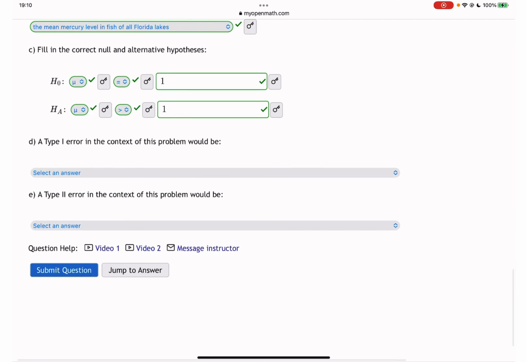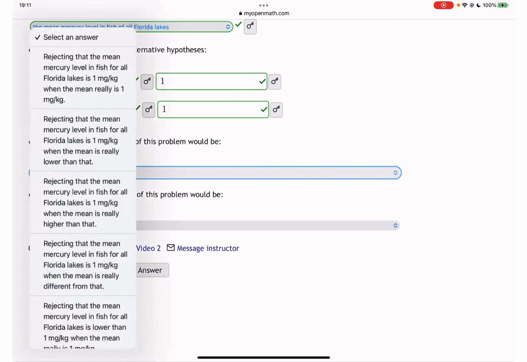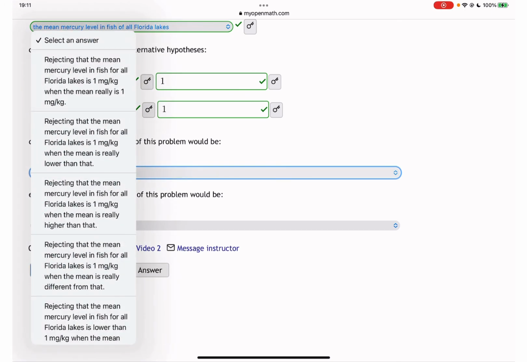Okay, now we need to identify the type 1 error. Let me remind you, a type 1 error occurs when we are served with the truth, but we reject. So our type 1 error has to start with rejecting.